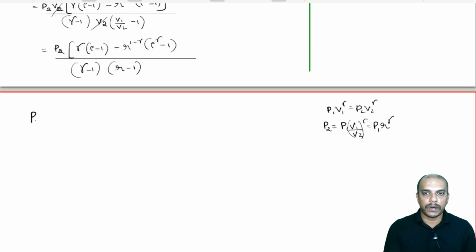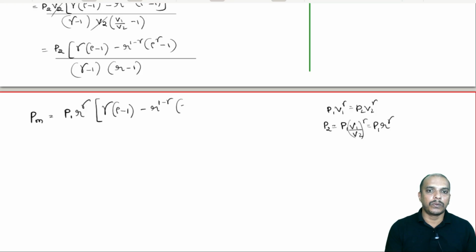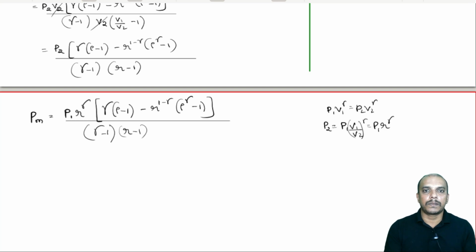Therefore, mean effective pressure is P1 R power gamma into gamma into rho minus 1 minus R power 1 minus gamma into rho power gamma minus 1, divided by gamma minus 1 into R minus 1. So this is the expression for mean effective pressure of a diesel cycle.